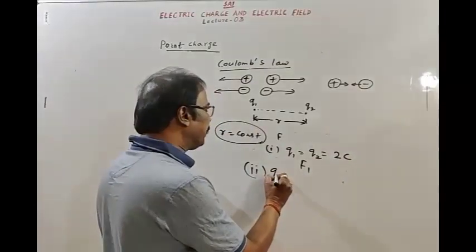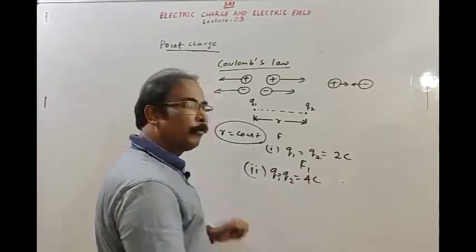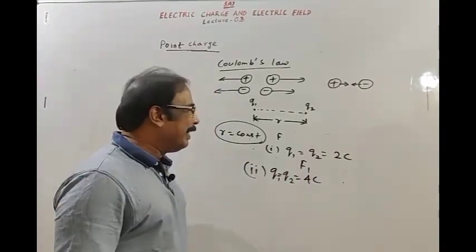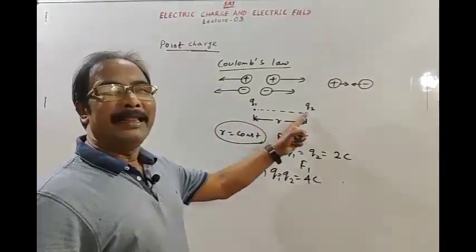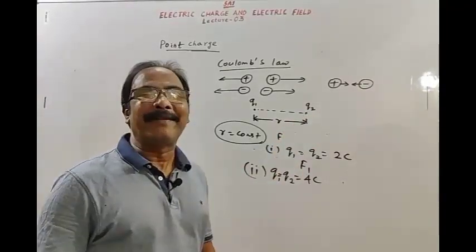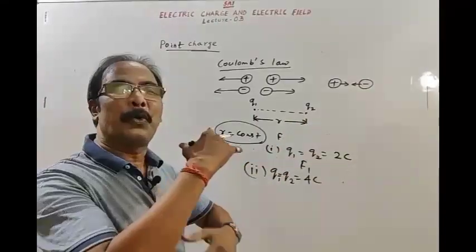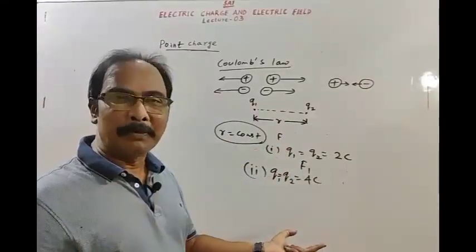Then in the second case Q1 is equal to Q2 is equal to 4 Coulomb. By doubling the magnitude of charge, it is found that the magnitude of force between them becomes quadrupled, or 4 times.